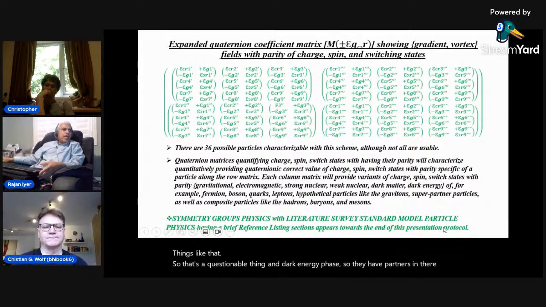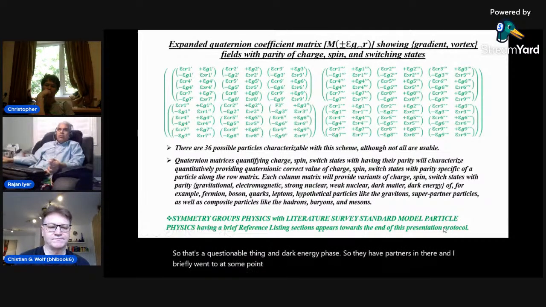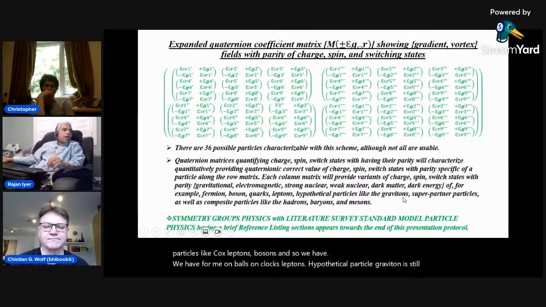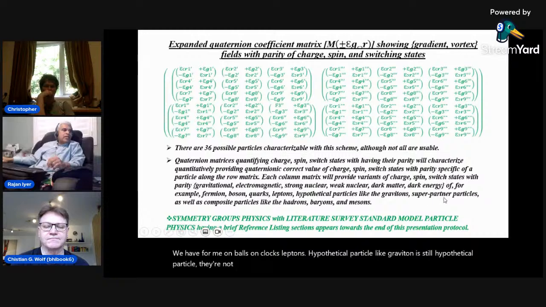I briefly went through, at some point, the standard particles that we all know, like quarks, leptons, bosons. So we have fermions, bosons, quarks, leptons, and hypothetical particles like the graviton, which is still hypothetical and has not been detected yet.